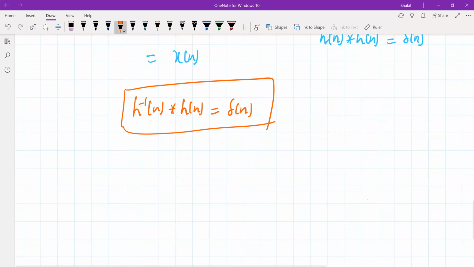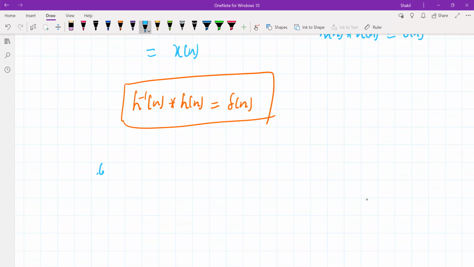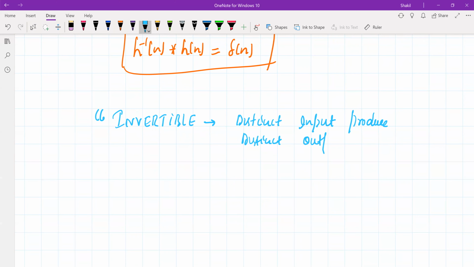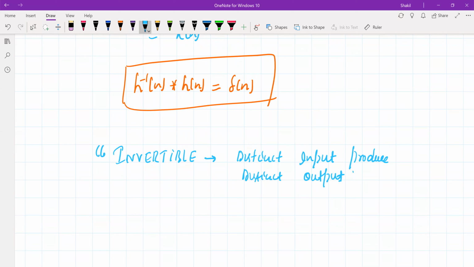In short, please remember this definition: a system will be an invertible system if distinct inputs lead to distinct outputs. If distinct inputs produce distinct outputs, then that system can be invertible. So directly you can check whether the system is invertible or not.